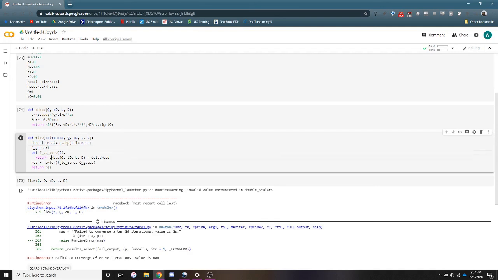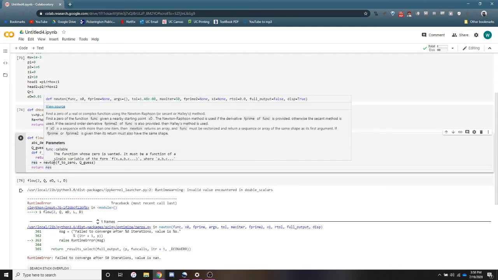So now that we have ABS delta head, now we can bring this to here, so it's still positive. Let's put one of these underscores here to differentiate it easier. So now we have the fix, so Newton's method does not break immediately, but we just need to, once again, like we did up here, multiply by the sign of delta head in the first place.